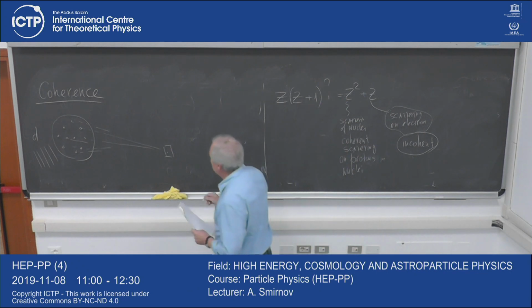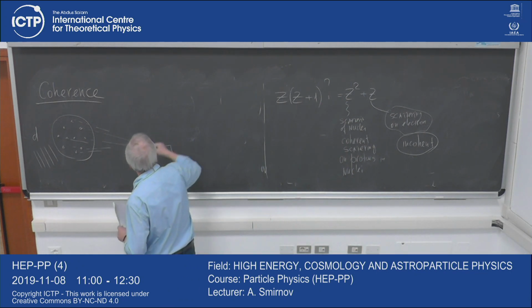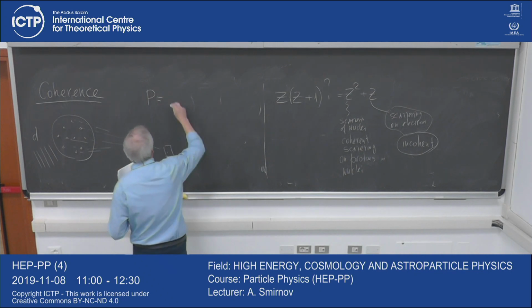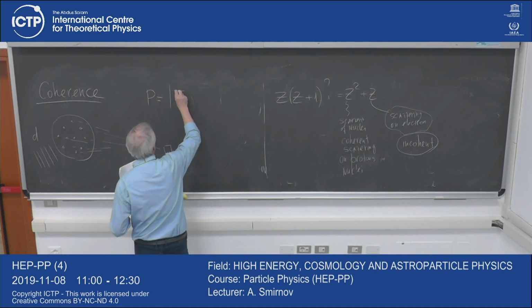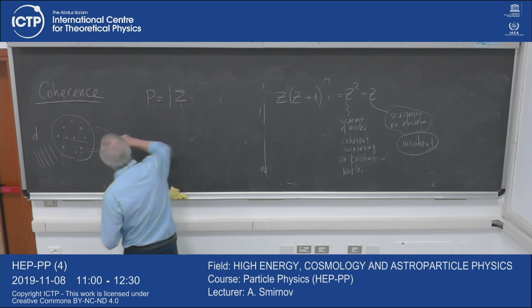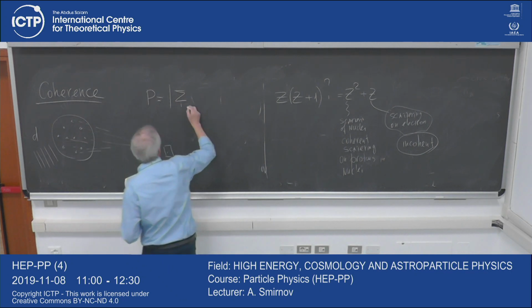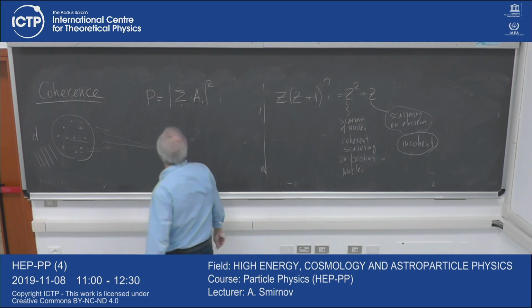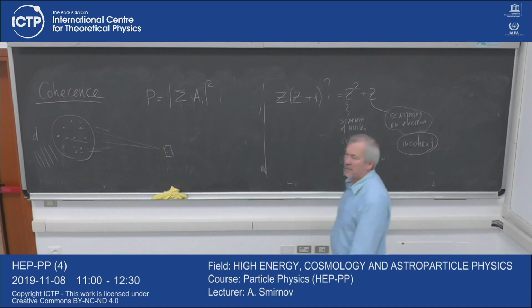So we are computing the probability of scattering, and it is given by the sum over these objects of the amplitudes of scattering on individual objects. So this is the general expression for the probability.